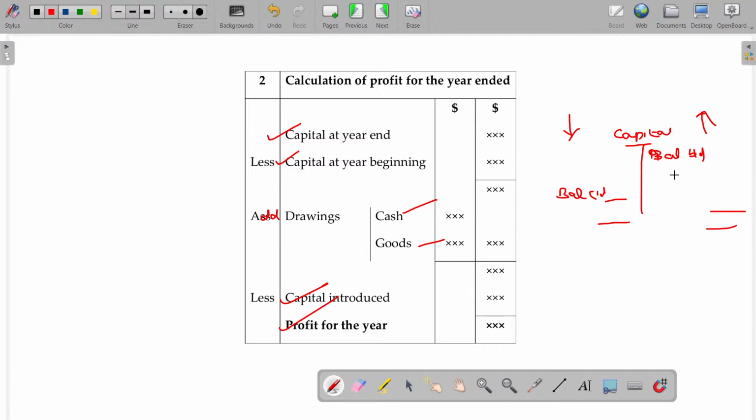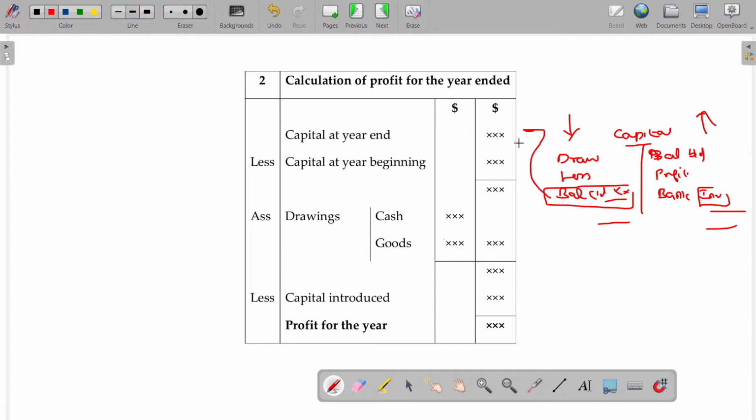When it is increasing, if you are getting any profit, or if you are adding some other investment, further investment, these things will increase the balance of capital. When you draw, it will reduce. When you lose money, it will reduce. So here what happens, we started with what? Capital at the end. We started with this.